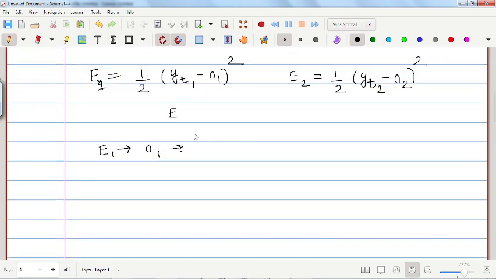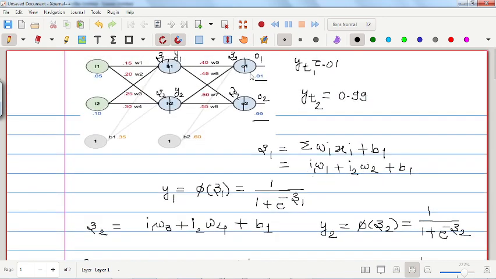So E1 equals a function of O1, O1 is a function of Z3, and Z3 is a function of both W5 and W6. Both are contributing here.